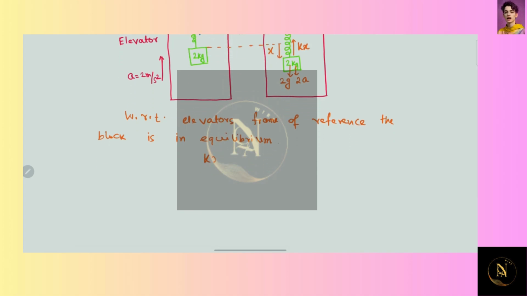Following that condition you can write the net upward force, which is kx, has to balance 2g plus 2a. So from here we can write x is going to be (2g plus 2a) by k.